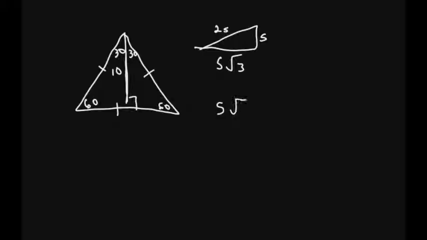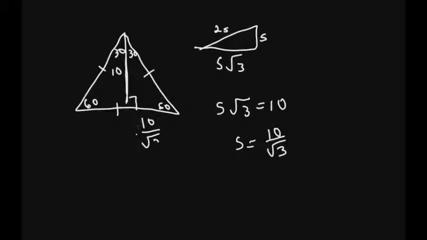So S square root of 3 equals 10. To get our side length, we divide by the square root of 3. So S equals 10 divided by the square root of 3. So I know my side length down here is, I don't need to put the S, just 10 divided by the square root of 3.